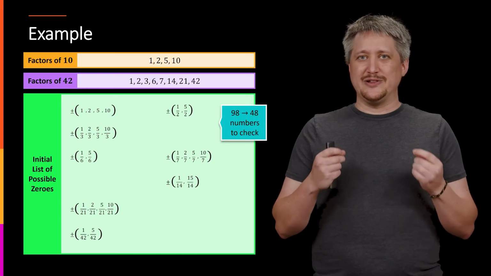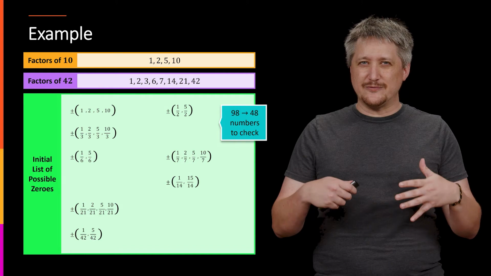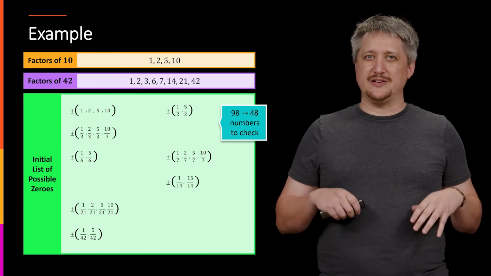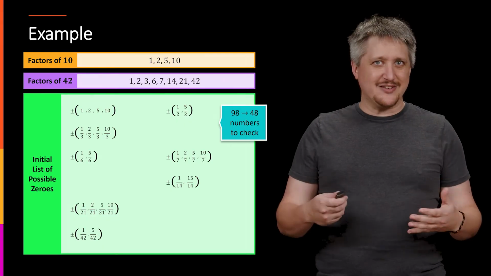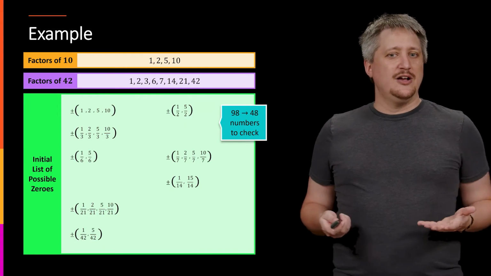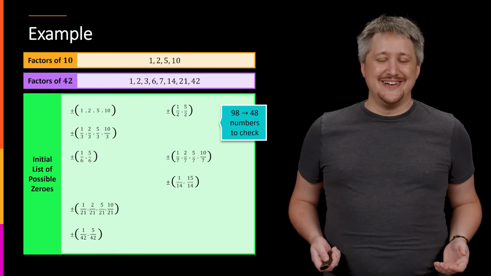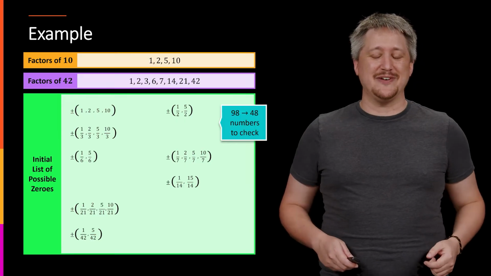So again, I want to really hammer home here that you don't want to use the same list, because every time you do a step successfully, you get to cut down the list dramatically, right? But still, I have 48 to go through, or 47 if I'm getting rid of 5.